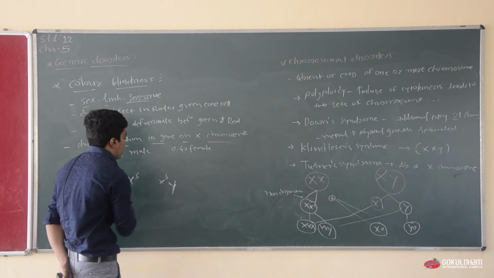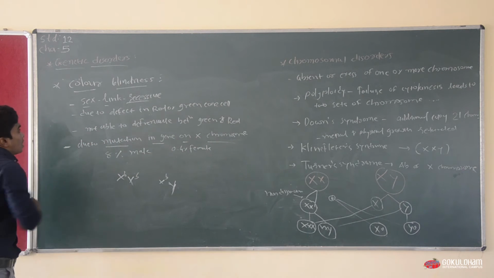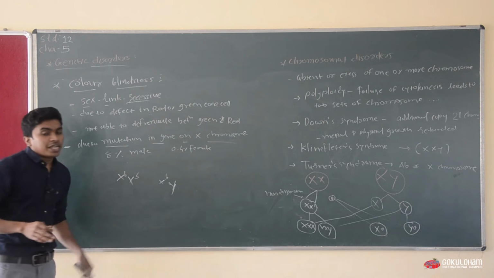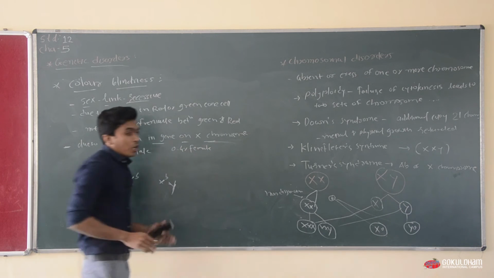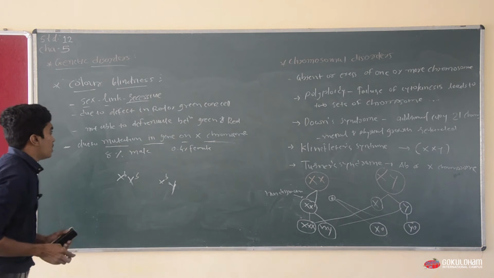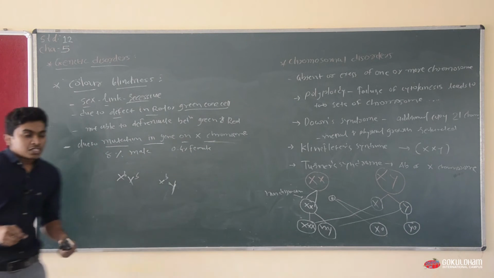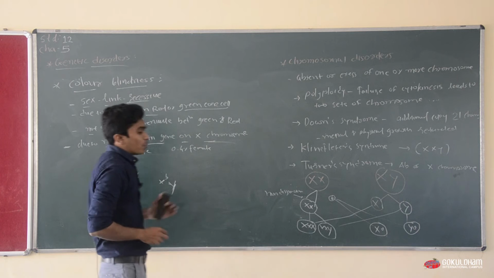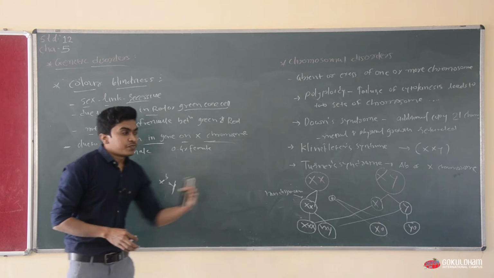Color blindness. Okay. So what happens in this disorder? The gene on the X chromosome is defective, and as a result of this, there is a defect in red and green cone cells, which leads to the individual not being able to differentiate between red and green color.